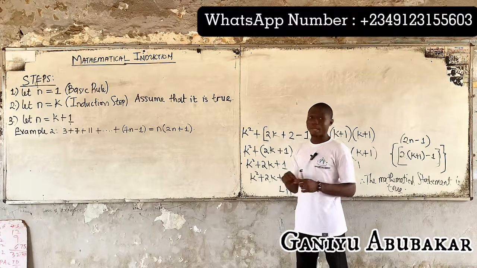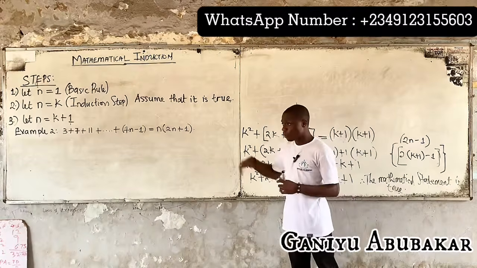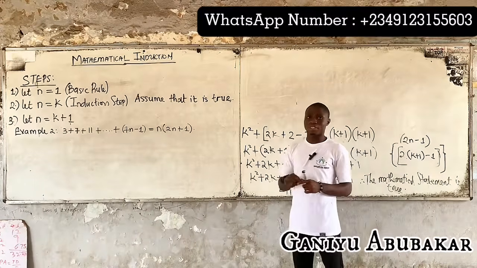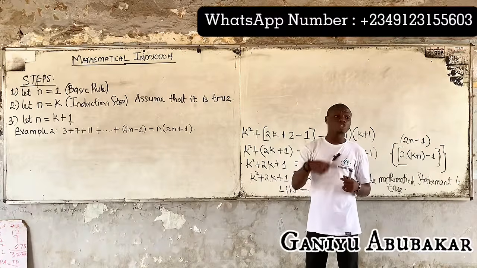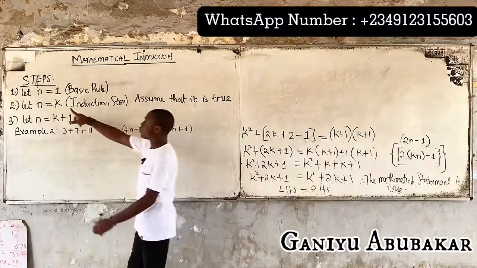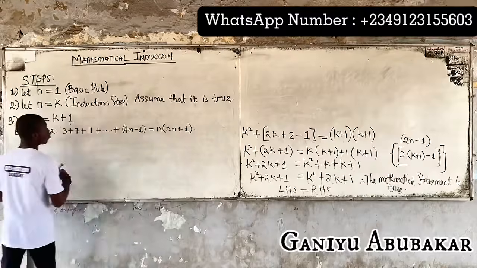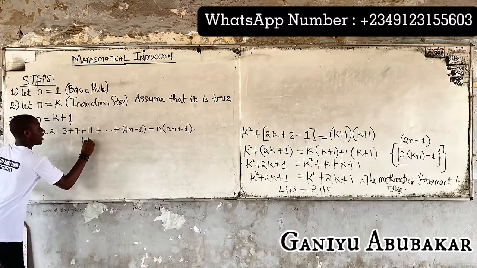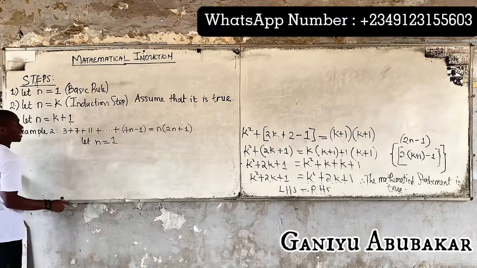Let's prove this, where n is an element of the natural numbers. We said when it comes to mathematical induction, what's the first task? Your first step is to let n be equal to 1. So apply your basic steps. If n is 1, what do I get here?